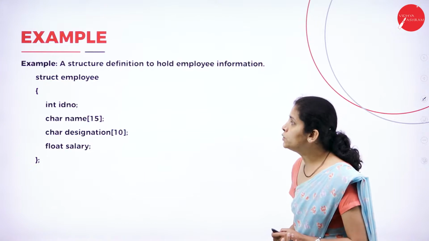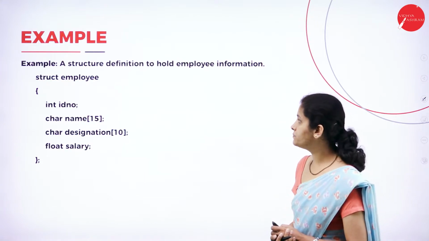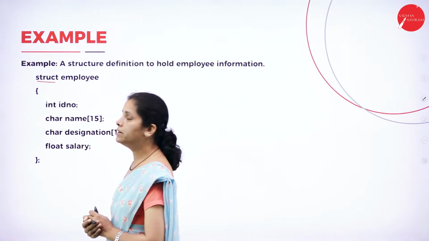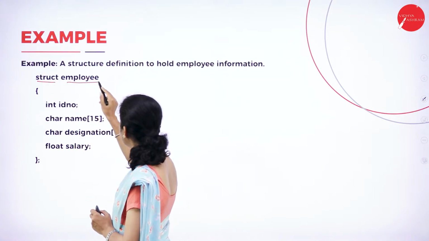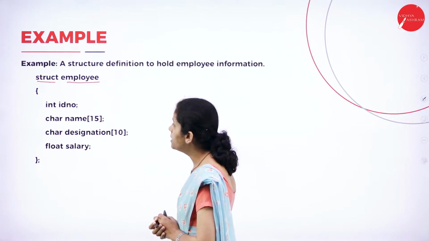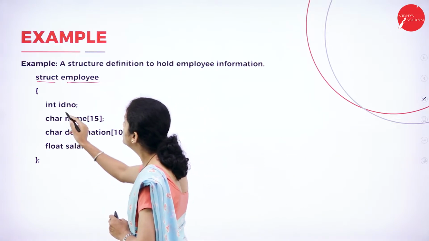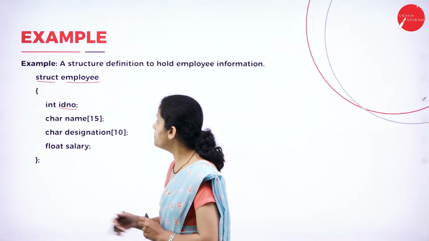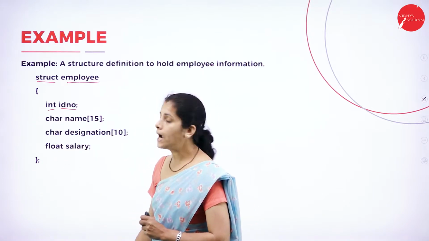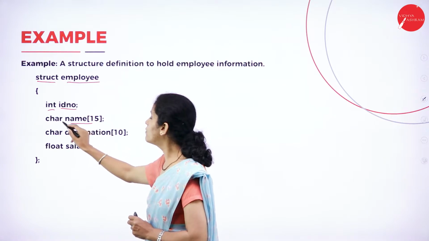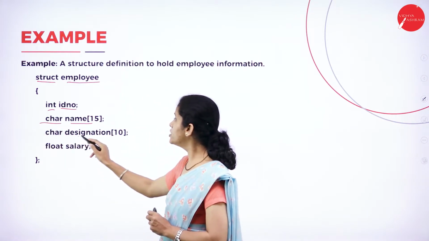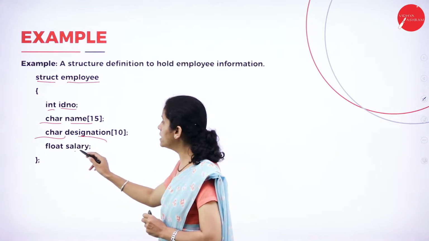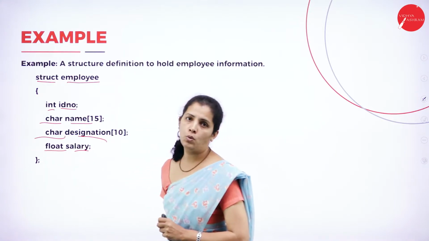Now, I'm going to have an example here. Here I have the struct keyword, and employee is my structure name, and I'm going to have employee ID of type integer, employee name of type character, designation once again of type character, and salary of type float.